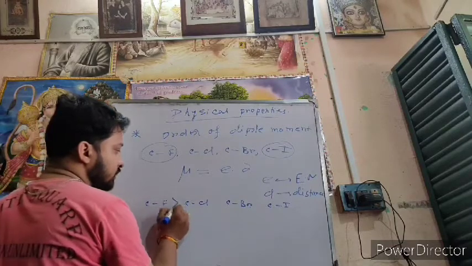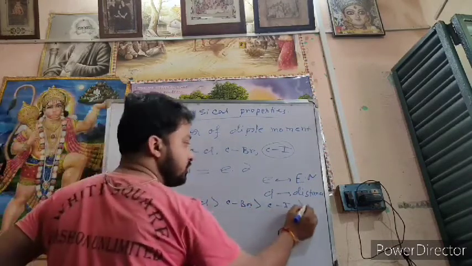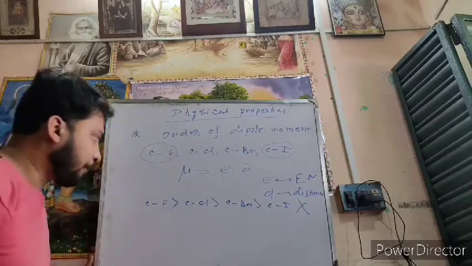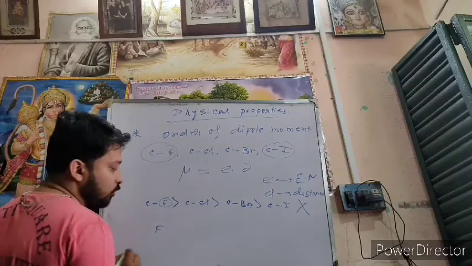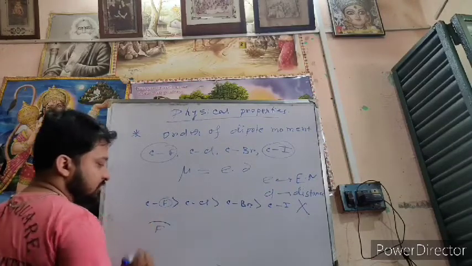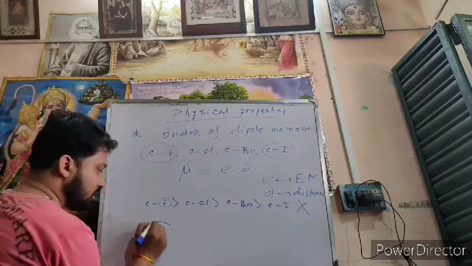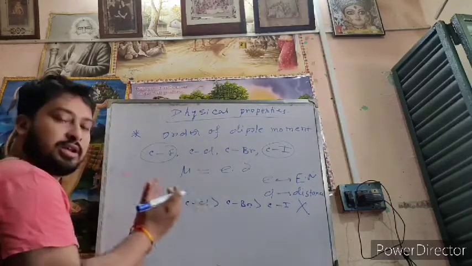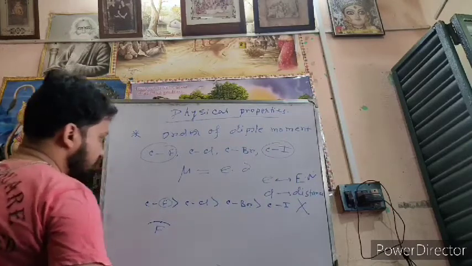So if we arrange it C-F, C-Cl, C-Br, C-I, it is not the right sequence, because the size of the fluorine is very low. Therefore, the surface of this fluorine is short. If the electron comes on this surface, electron repulsion occurs here. Okay.